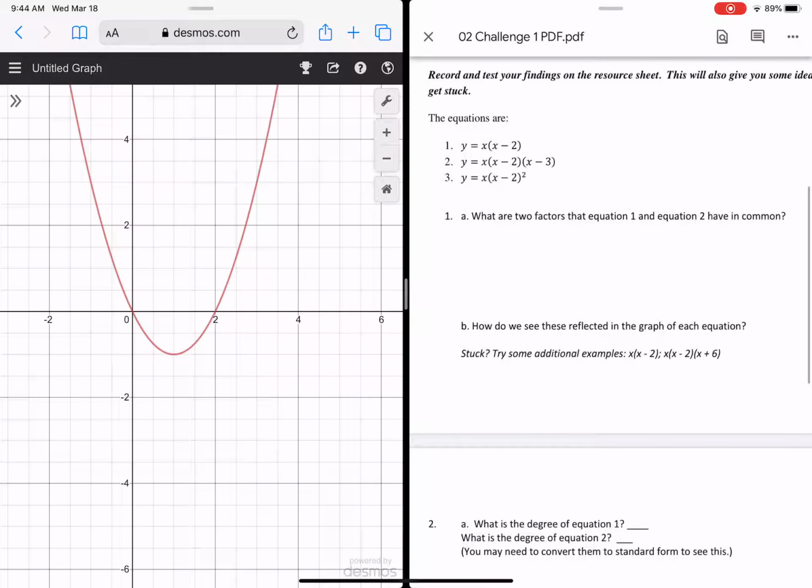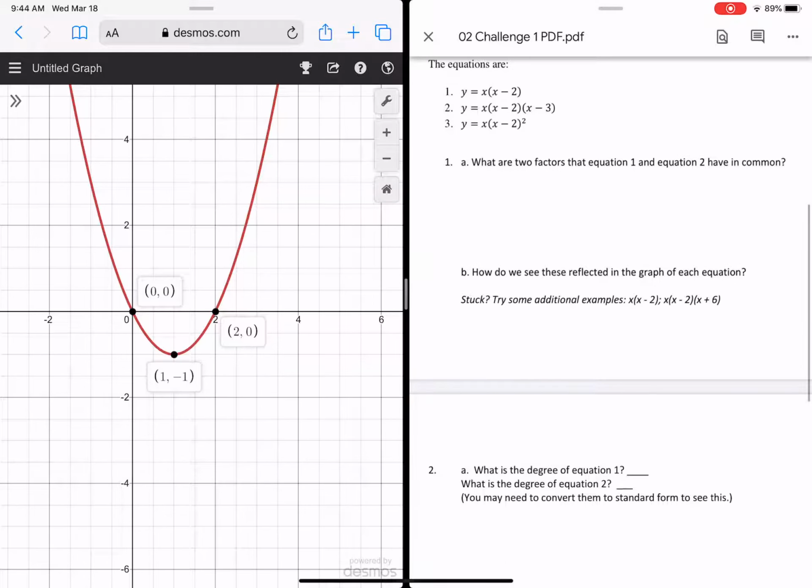Think about these factors that were in equation 1 that you just found. How do we see those factors reflected in the graph? And I'm just going to give you some points here. How do we see the factors of equation 1 reflected in this graph of equation 1? So you should answer that question.